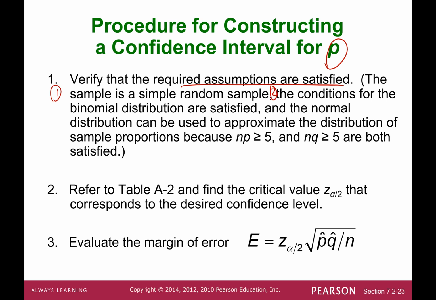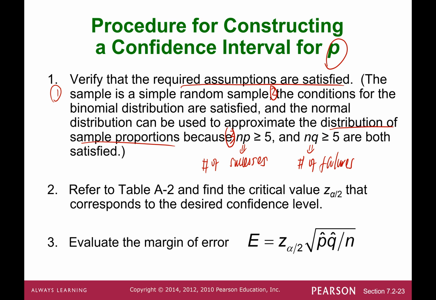Second, the conditions for the binomial distribution are satisfied, and we use a normal distribution to approximate the distribution of a sample proportion. Third, np is the number of successes and nq is the number of failures, and both must be greater than or equal to 5. That's the third condition.